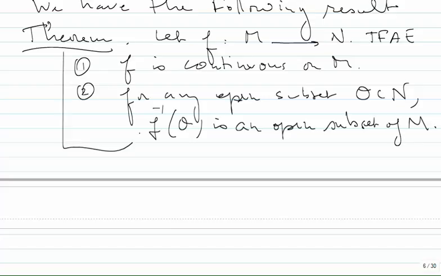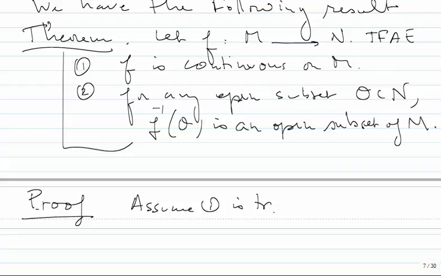Proof. Assume one is true, and let us prove 2 is true.